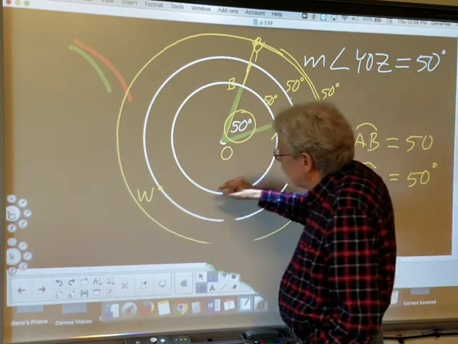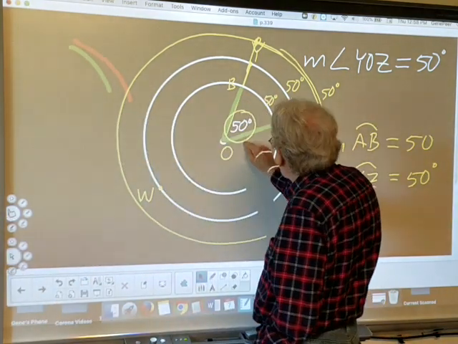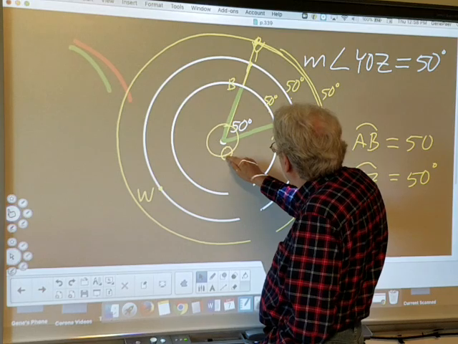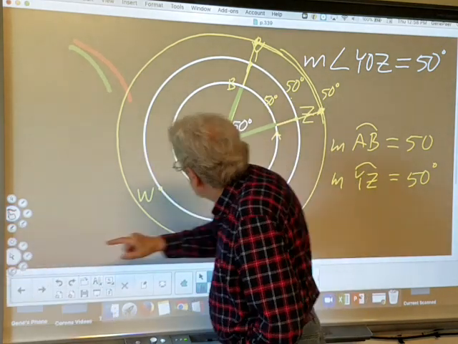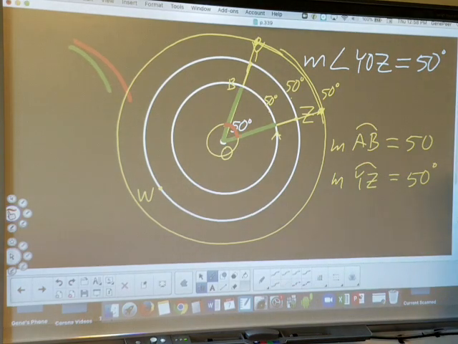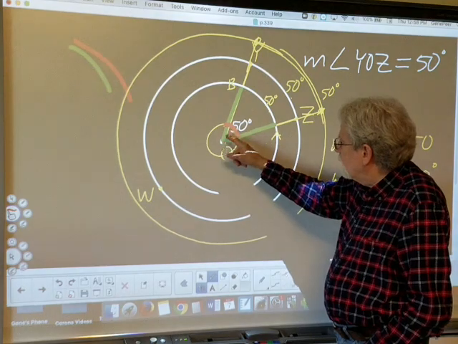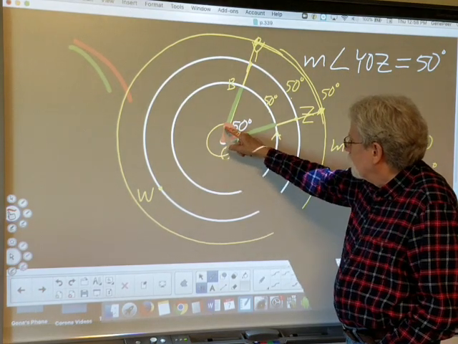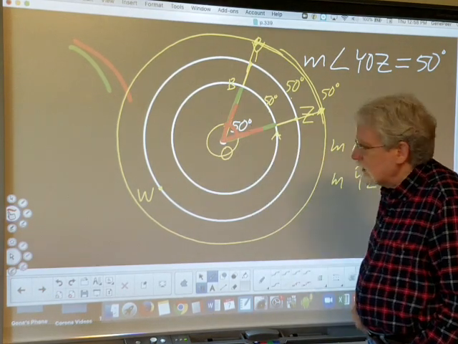Even if I have a little one, let's move this guy, take that and move it down here. Even if I have a little circle here, this red arc has a measure of 50 degrees because it's equal to the measure of its central angle, which is 50.